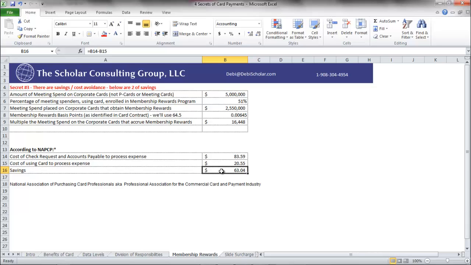That's a significant amount if we think about the organizations and all of the expenses that we have. So these are 2 really key reasons why we'd want to use a card instead of a purchase order and check request to actually pay for meeting and event expenses.